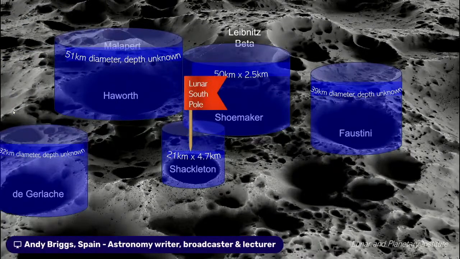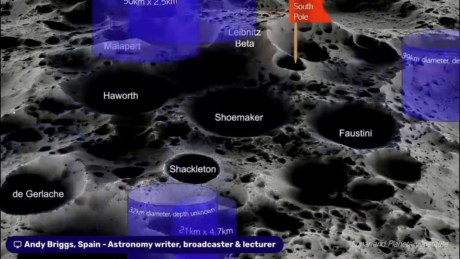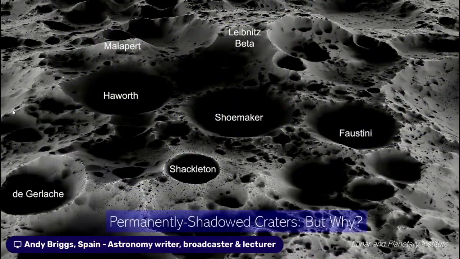De Gerlache, 32 kilometers wide, depth unknown. So you've got some pretty wide craters here, and some very deep ones. You can see the ridges between the craters, making the whole landscape look really mountainous and big. Now, interestingly, a lot of these craters are in permanent shadow.